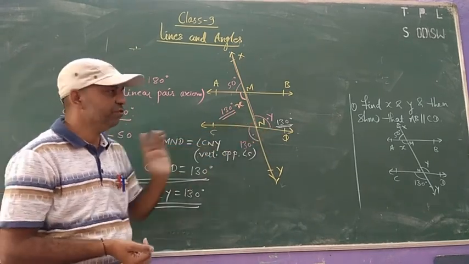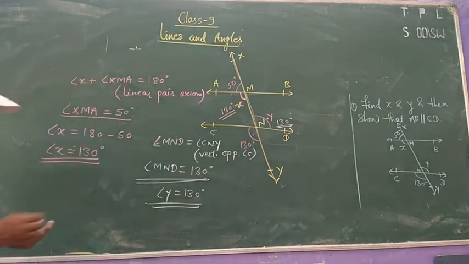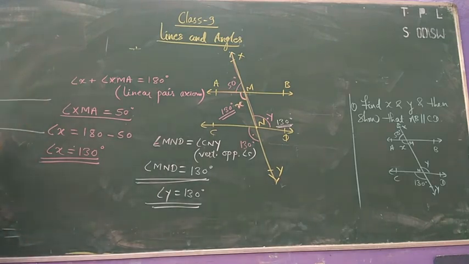Okay, so we know the axiom, that is, if two lines are parallel and a transversal intersects these two lines, then these angles are called alternate interior angles. So when these two lines are parallel, then these two angles are equal. Again, these two angles are equal because they are also interior angles.